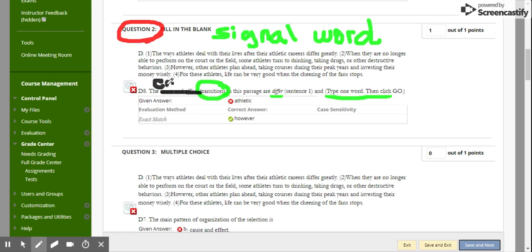This should say contrast, because contrast is about showing differences, and this paragraph is all about differences. It's all about contrast. So differ is definitely one of them. And then you had to find the other one, and the other one is however, which is found here in sentence 3.